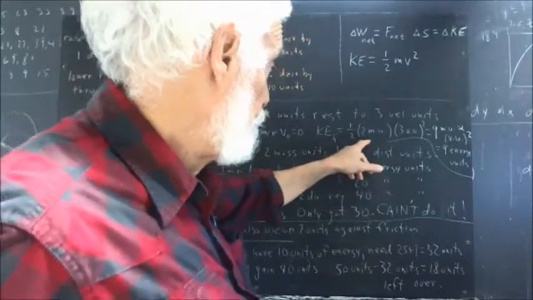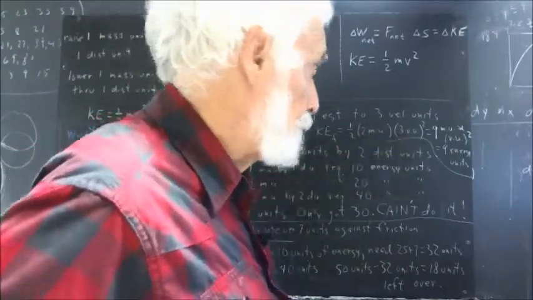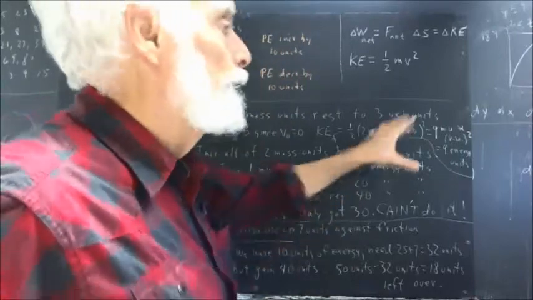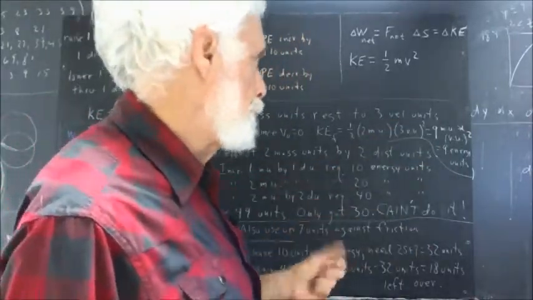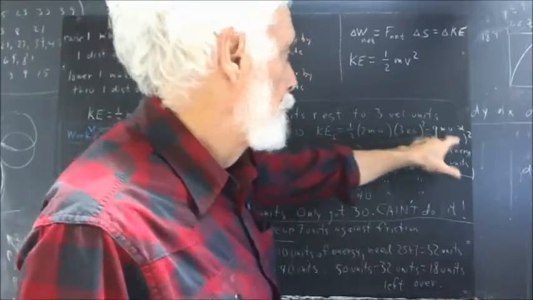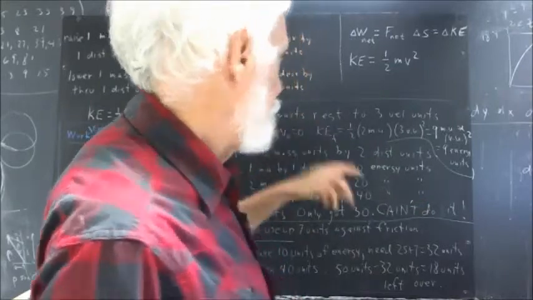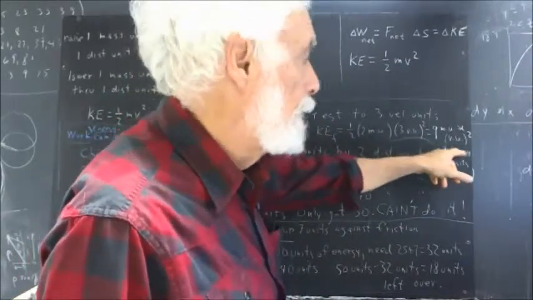So I wrote that here: 1/2 times 2 mass units times the square of 3 velocity units. Now we're not messing too much with units here, but you're going to get mass units multiplied by squared velocity units when you do this. But the main thing is you're going to get 9 energy units.